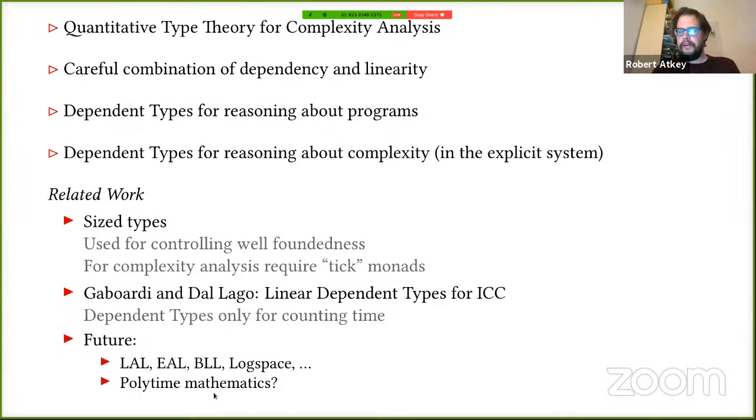So model theorists and other logicians have looked into polytime Heyting arithmetic and things like that, but now we can do polytime type theory. What kind of interesting things do we get if we restrict to the proofs being polytime? Okay, thank you very much.